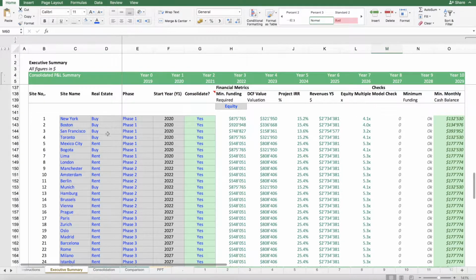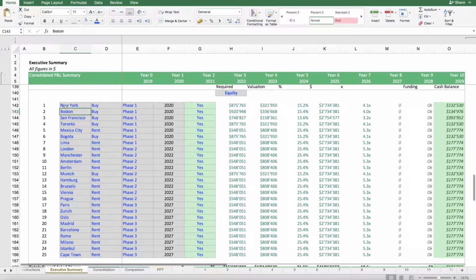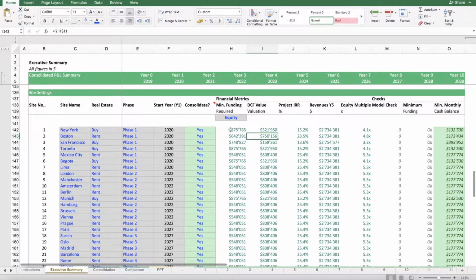What you also have here are the site settings, so we list each site here. Each site we can either rent or buy. If I change here from buy to rent, you see that the metrics change and the required funding changes. If we rent, we don't need to buy the property, so the funding amount goes down.